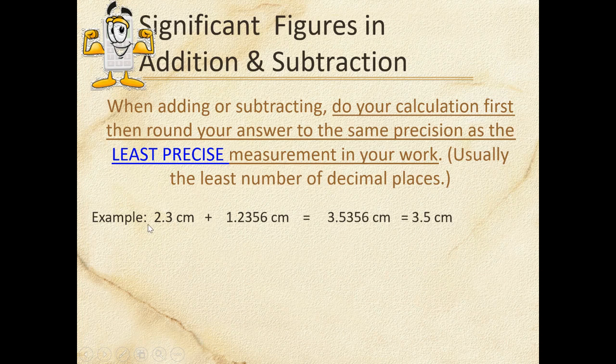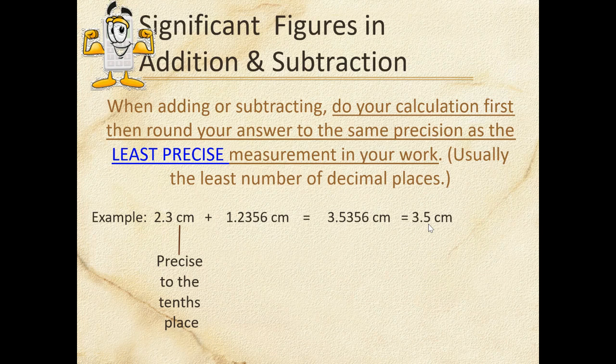The least precise, again, is typically the one with the least number of decimal places. 2.3 is less precise than this one right here. So we must round there. So when we get this, we get 3.5. We look, the 3 does not round the 5 up at all, so we're left with 3.5.